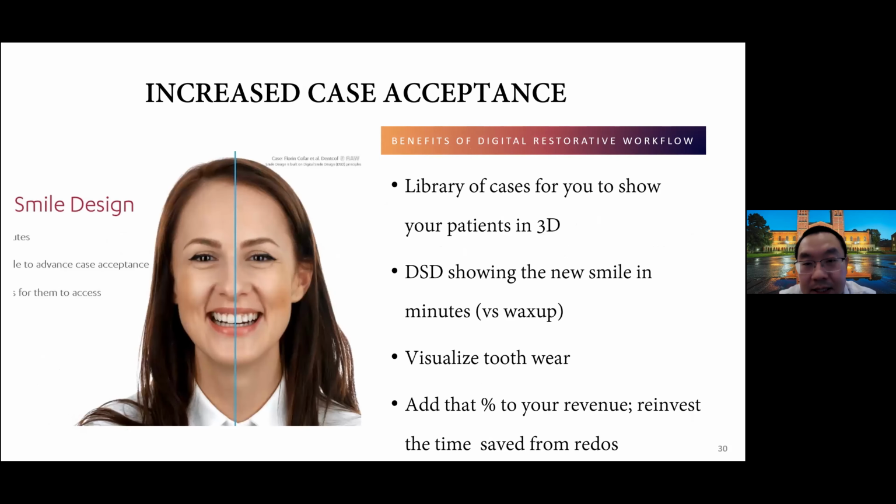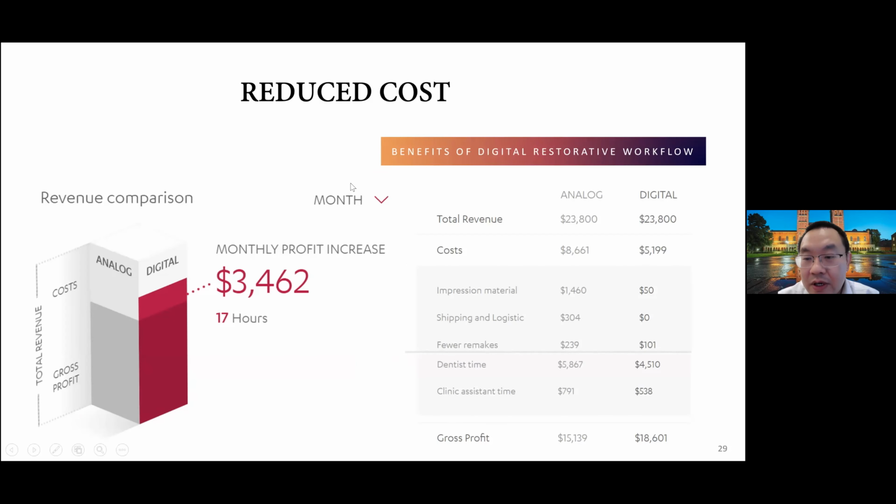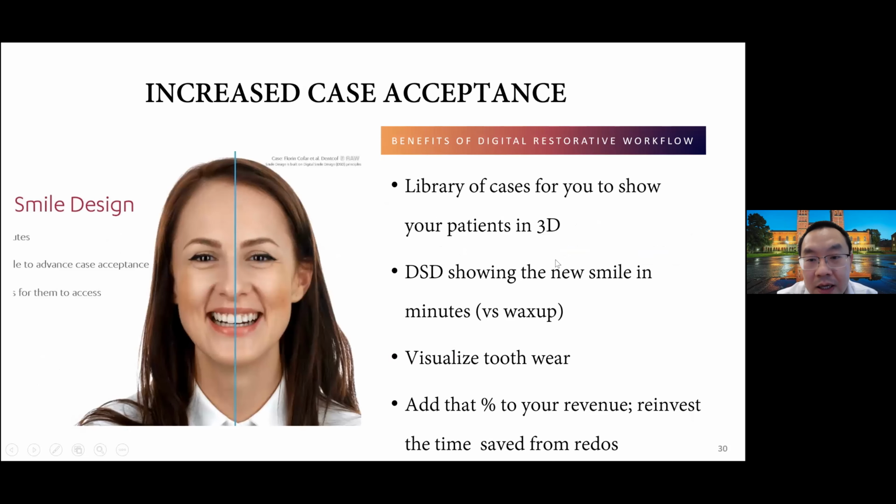Now, increased case acceptance. We haven't really talked about increased case acceptance. But talk about having a digital smile design, having the patient being able to visualize the outcome right away, and that probably will increase your patient acceptance rate a little bit higher, right? And imagine them visualizing the tooth wear, maybe they're starting to become more amenable to an occlusal guard, right?